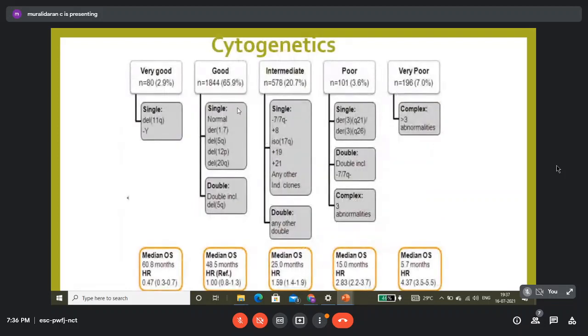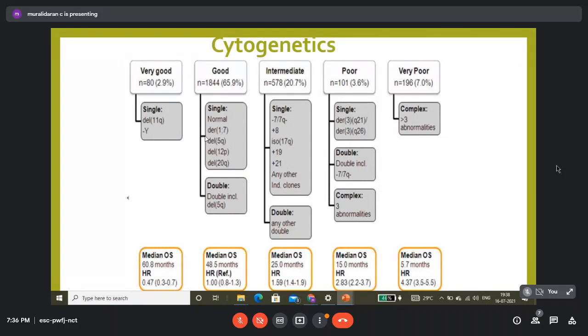Regarding cytogenetics, in the very good group we have deletion 11q, and in the good risk group we have a normal karyotype, isolated deletion 5q, isolated deletion 12p, isolated deletion 20q, and double abnormalities that include deletion 5q without TP53 or other high risk cytogenetics.